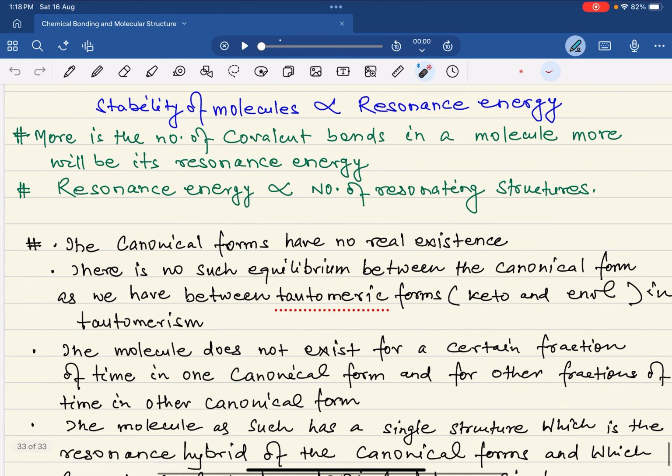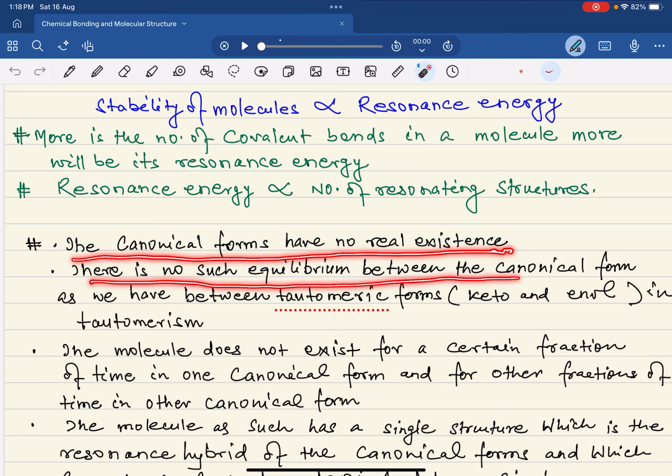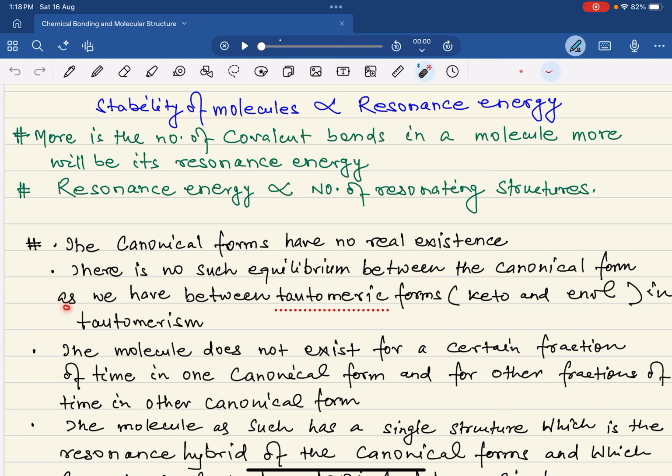I am going to explain this again by giving another example. And some important notes: the canonical forms have no real existence. There is no such equilibrium between the canonical forms as we have between tautomeric forms. Tautomeric forms means keto-enol tautomerism, used generally in organic chemistry.